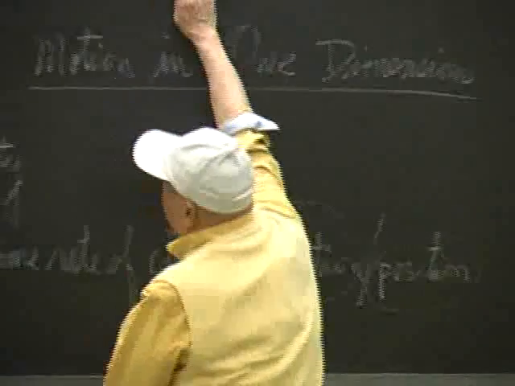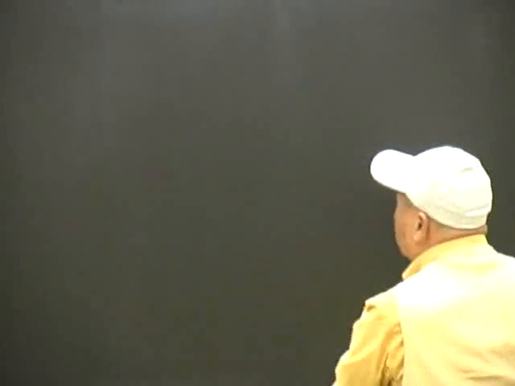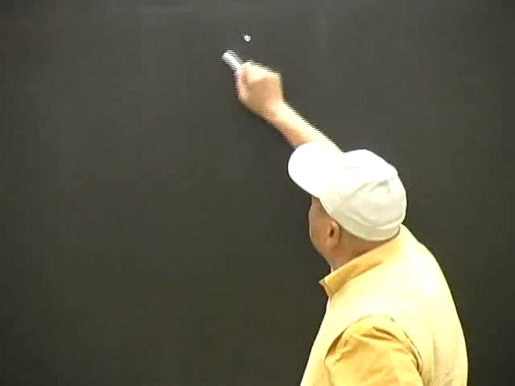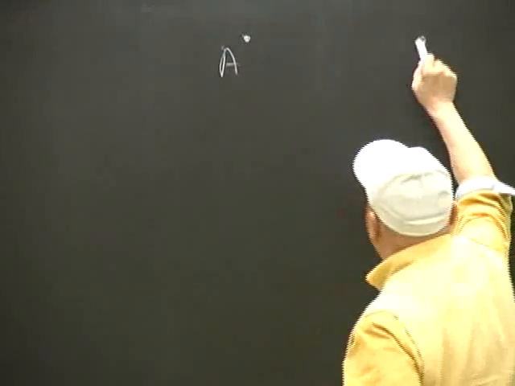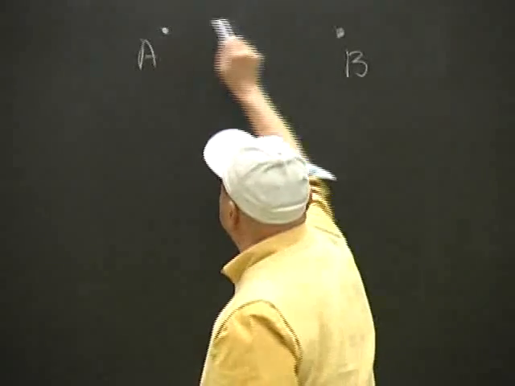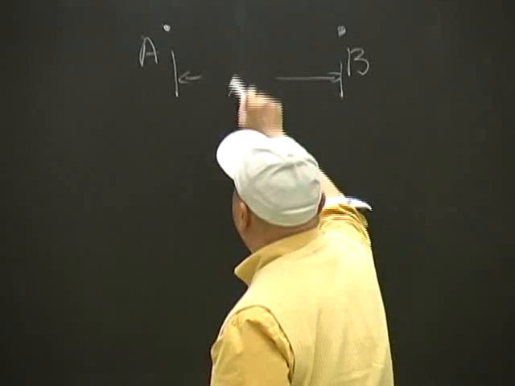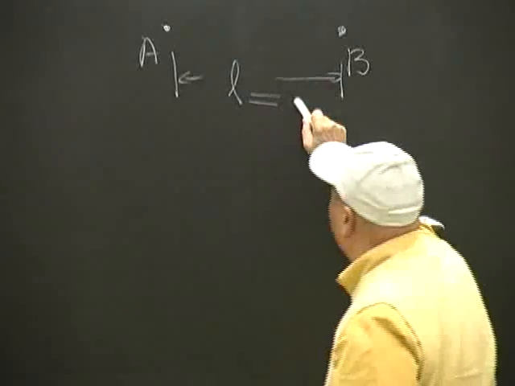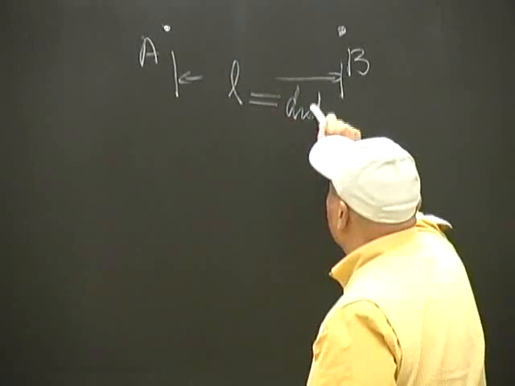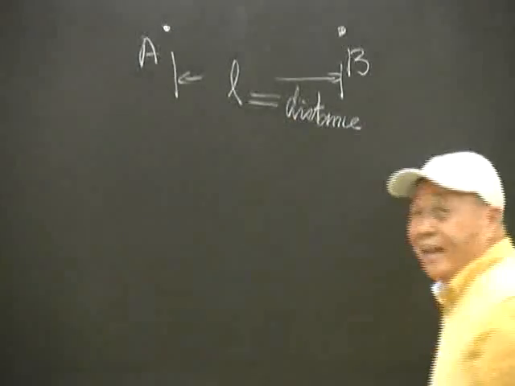As far as location goes, suppose there's a location A and a location B. The distance between location A and location B is classified as L, or sometimes we call it distance. This is a distance or length.